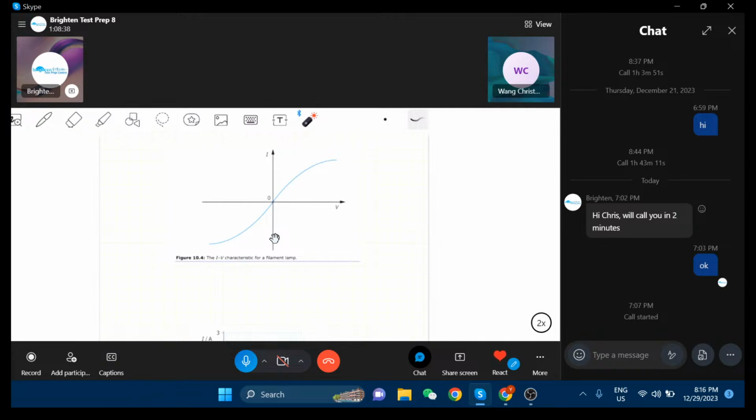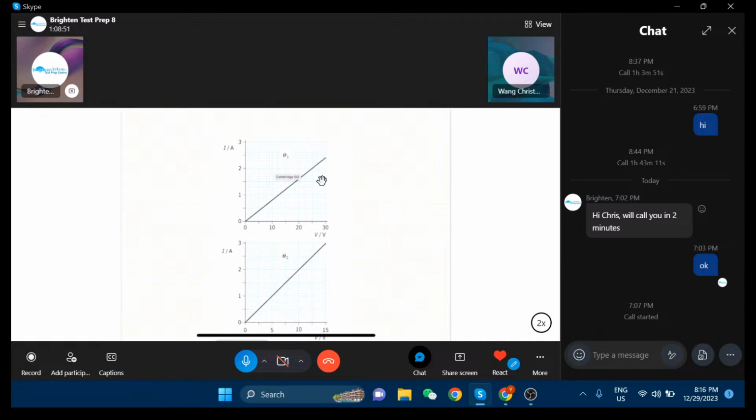Exactly. But the filament lamp radiates infrared as well, and that's one thing. So by using it, obviously it heats up, huh? That's one point. The way it's designed, constructed, it's with resistance. And why does less and less current flow through despite the increase of the voltage as the lamp gets hotter?